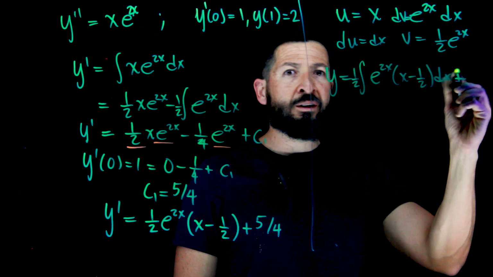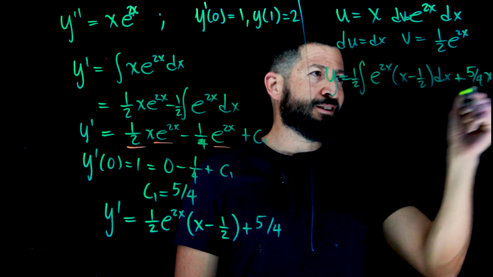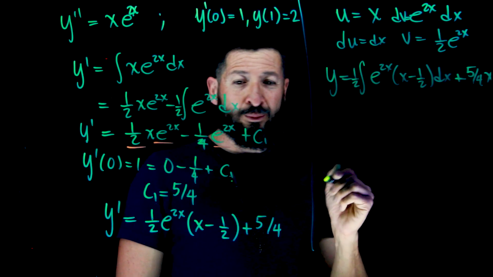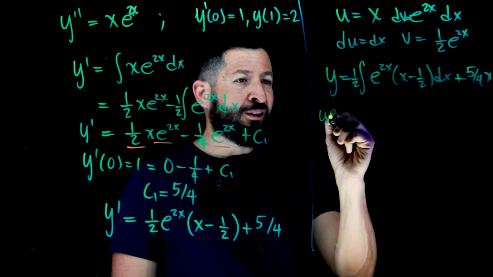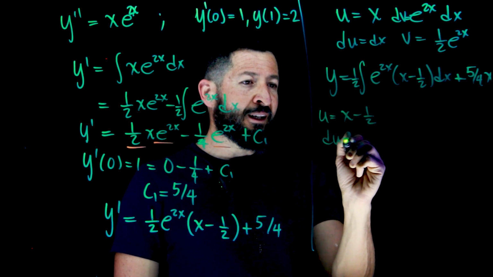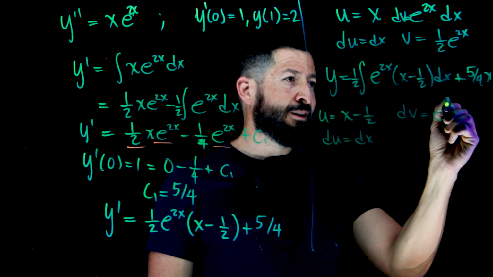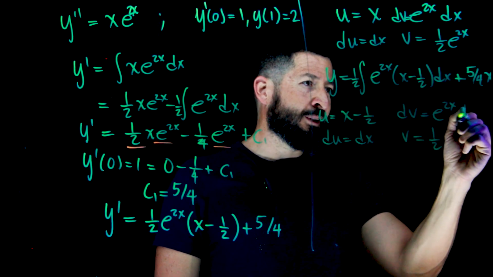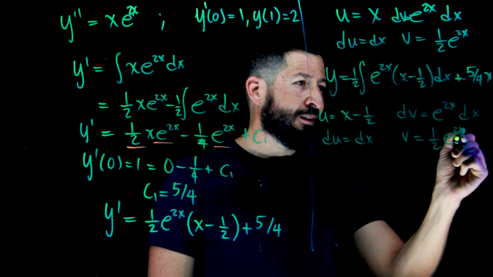Now integrating this one is going to be 5/4 of x, if I manage to fit the 4 there. And then my integration by parts here is going to be the same: u is x minus 1/2, du is dx, dv is going to be e to the 2x dx, and then v is going to be equal to 1/2 of e to the 2x.